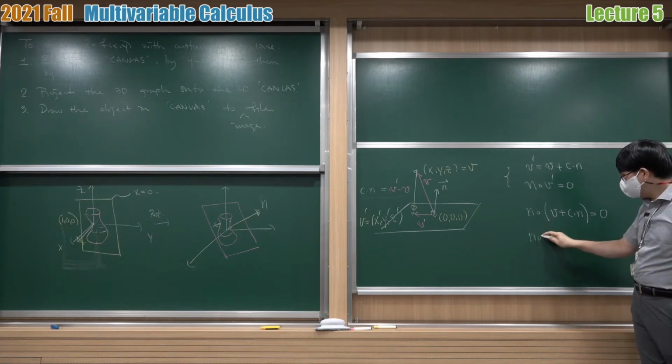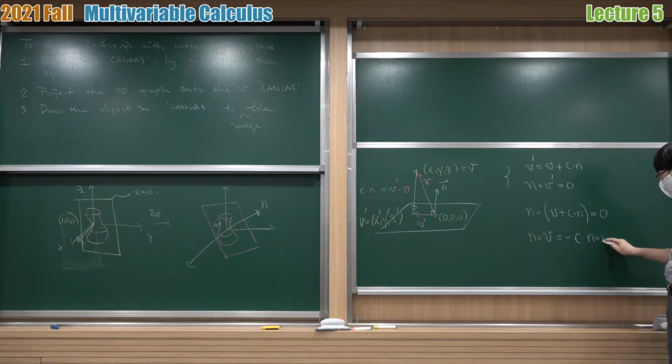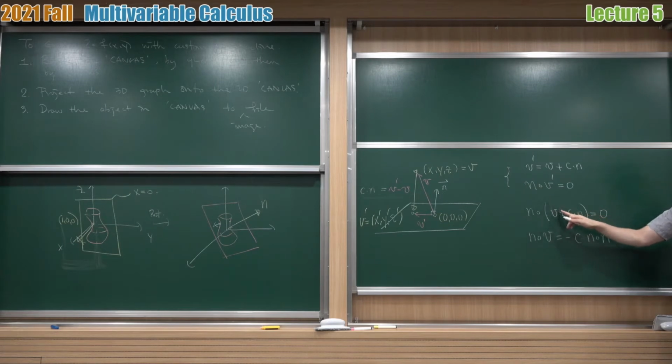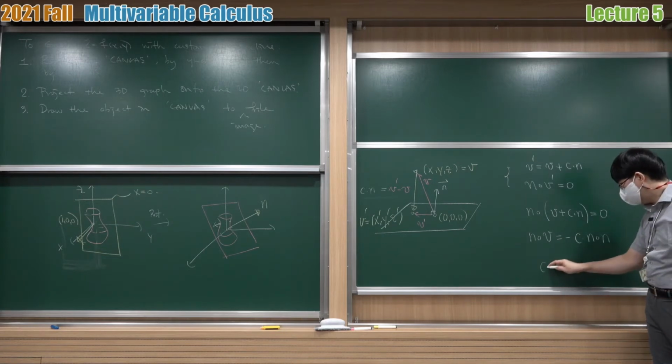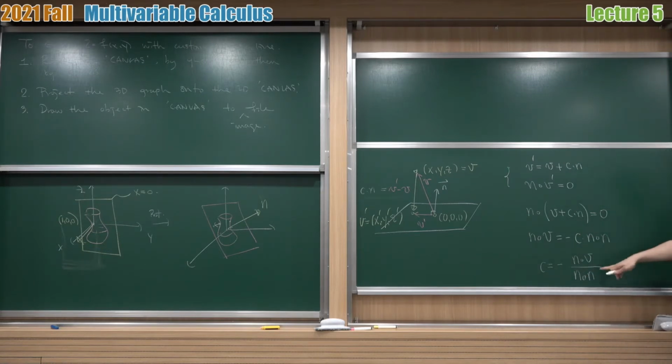And n inner product v is equal to minus c times n inner product with n. So the inner product is distributed in this summation. So now we know what c is. So c is minus n inner product v over n inner product n. So this n is already given.